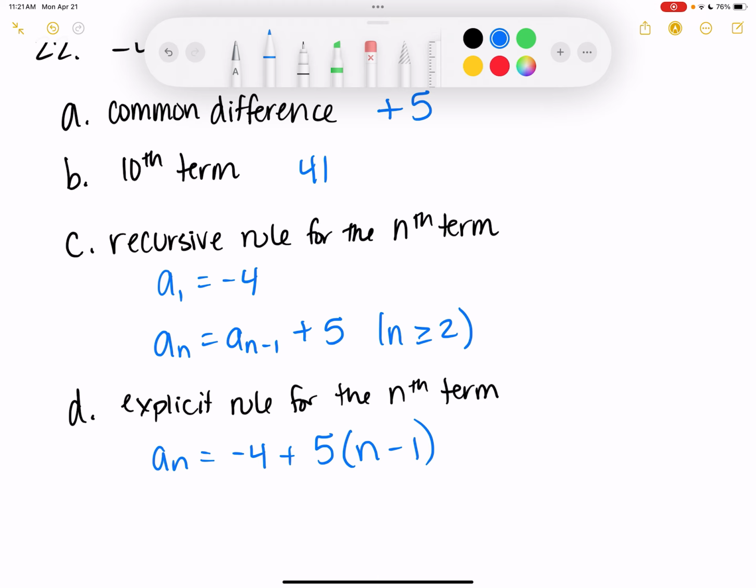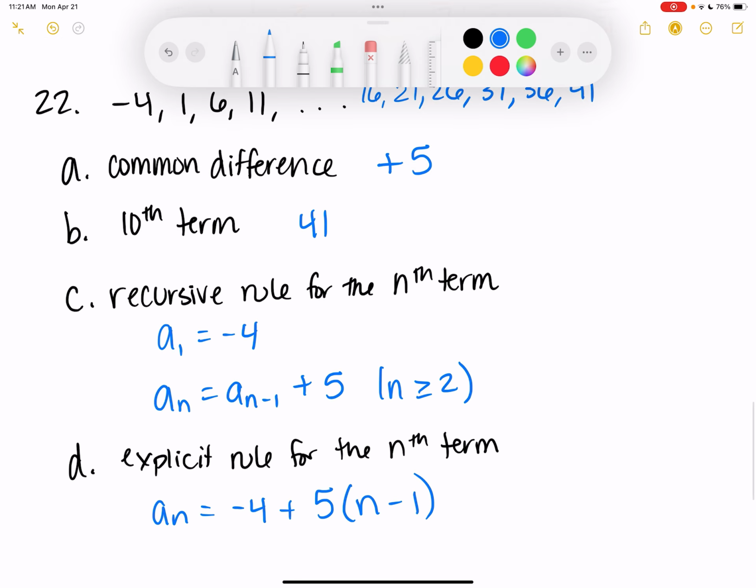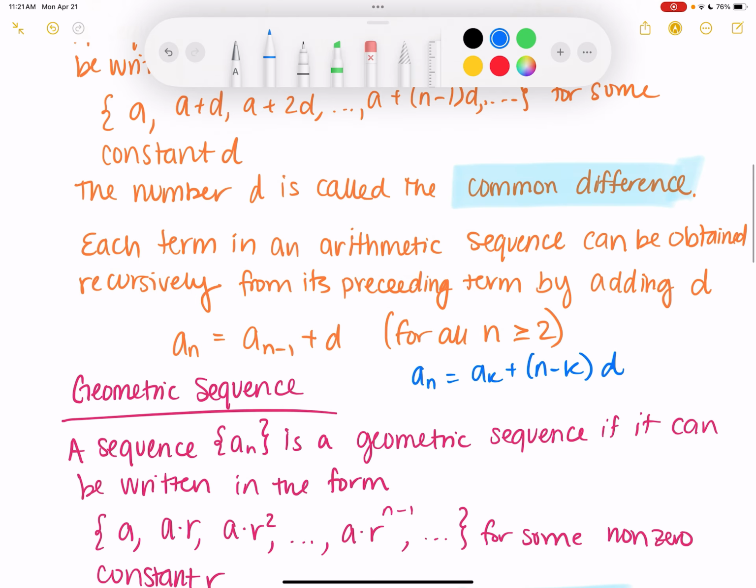But remember, we can use whatever term. If I wanted to use 6, that's the third term, then I could do 6 plus 5 times n minus 3. Whatever term I have is what I would have to use. I would just use the first one. It's easier. But that's how we would write that one, which is more this form here, and it's easier, in my opinion, to use.